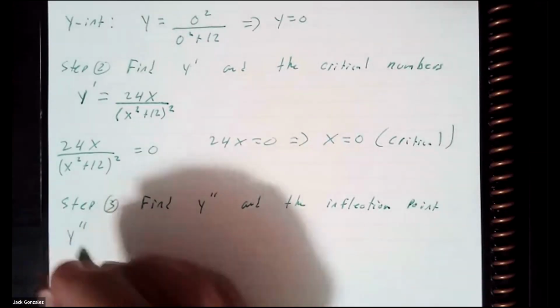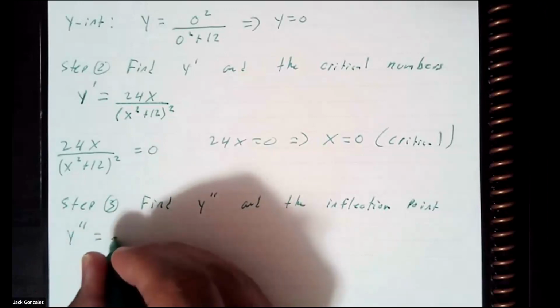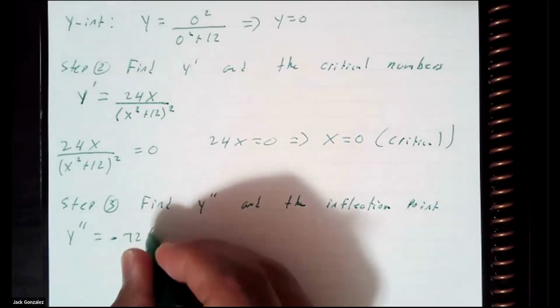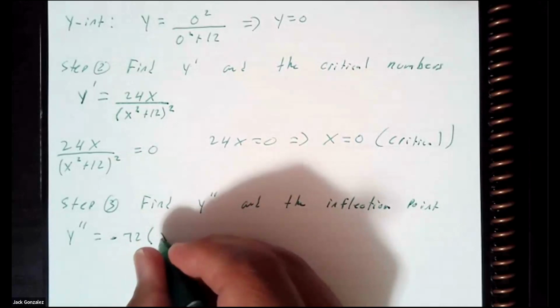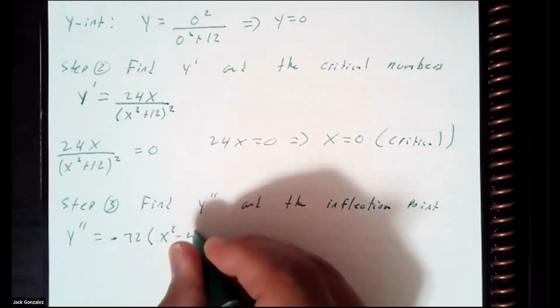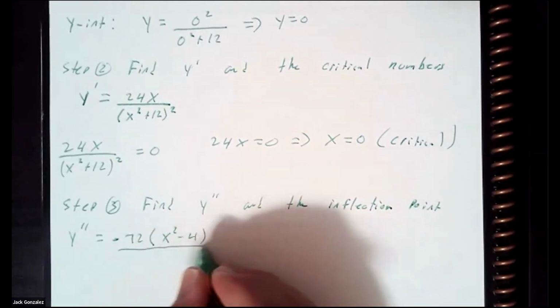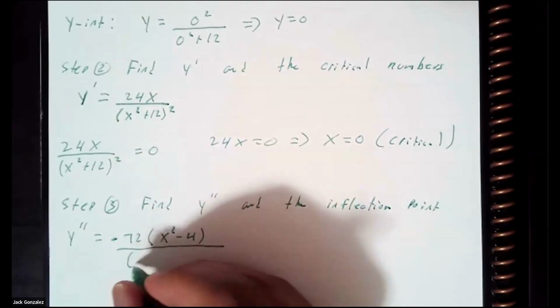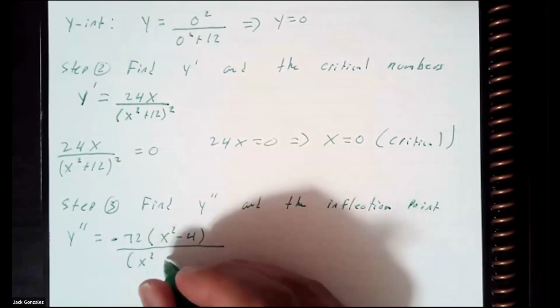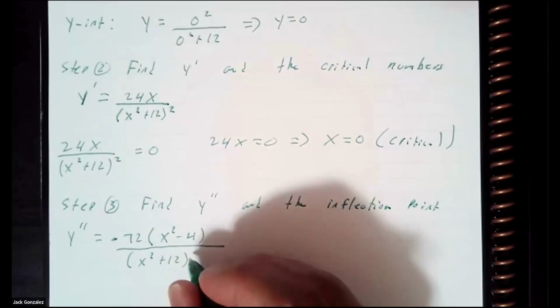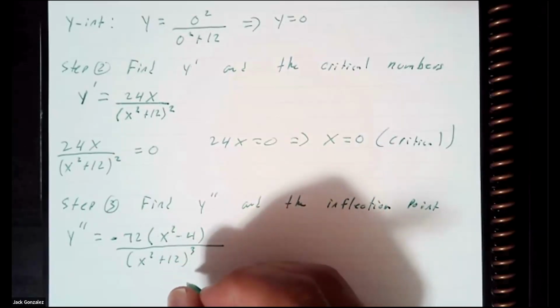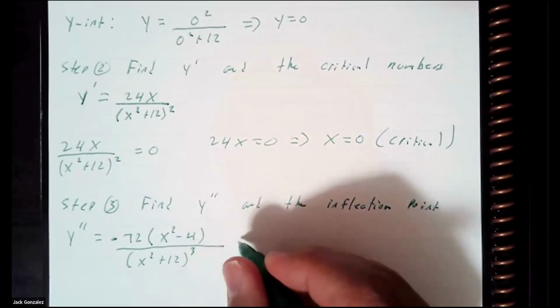Y double prime is going to be negative 72 times x squared minus 4 over x squared plus 12 cubed. So the denominator will never be 0.